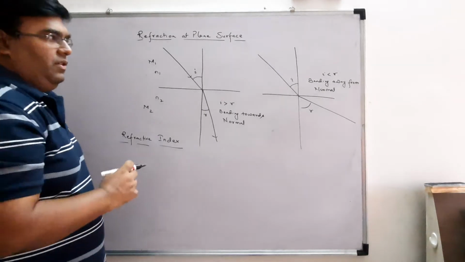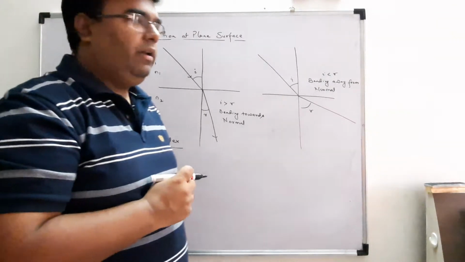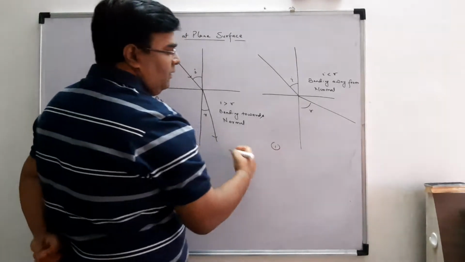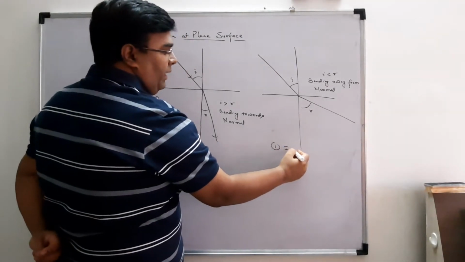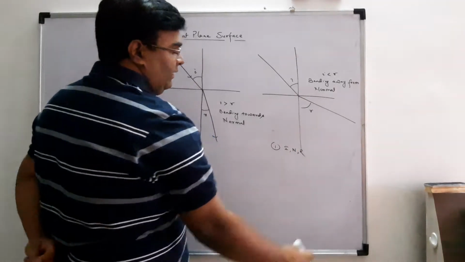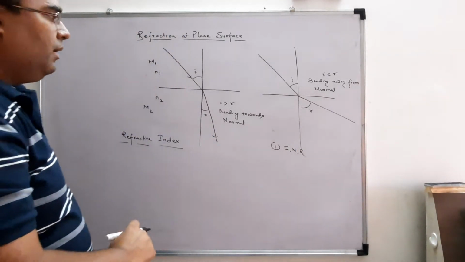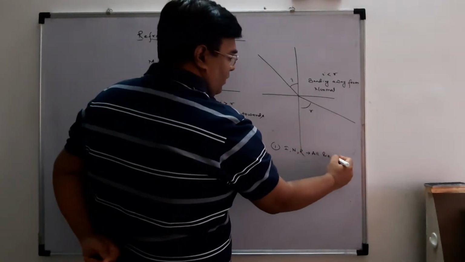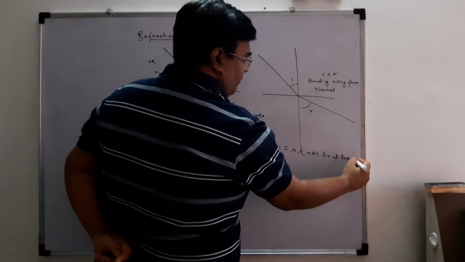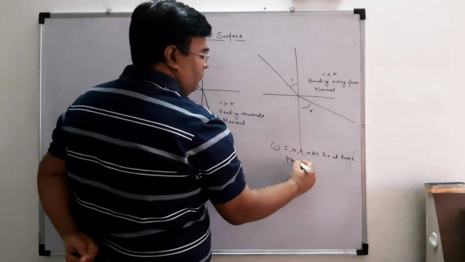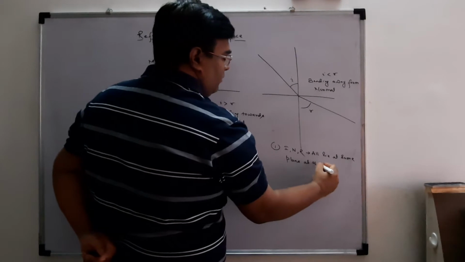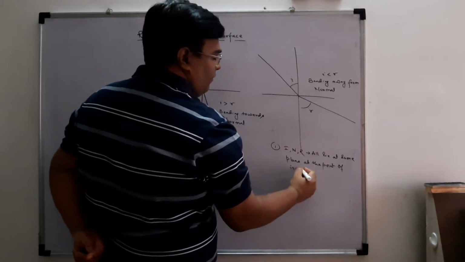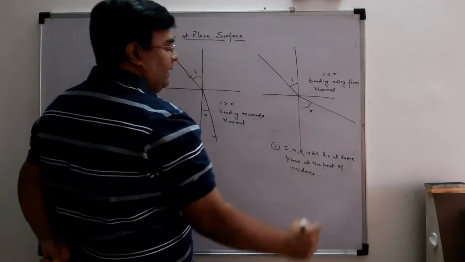Let us first learn the laws of refraction. What is the law? The first law says that my incident ray, my normal ray, and my refracted ray, these are the three rays here, they all lie in the same plane at the point of incidence.